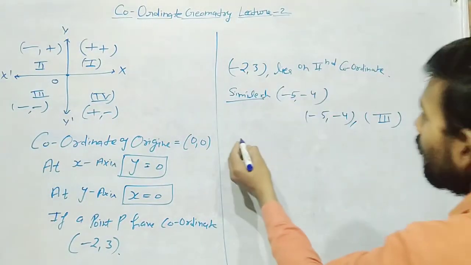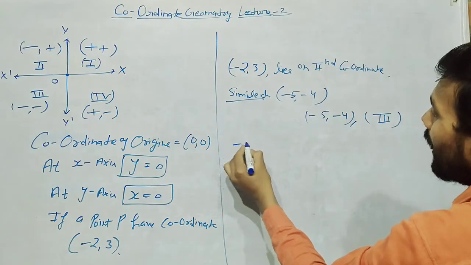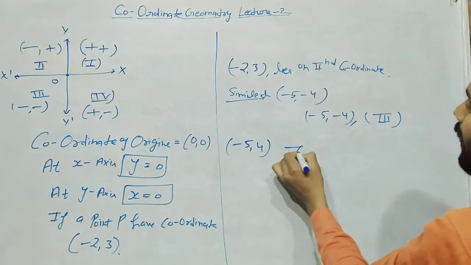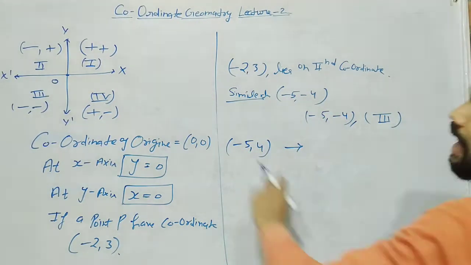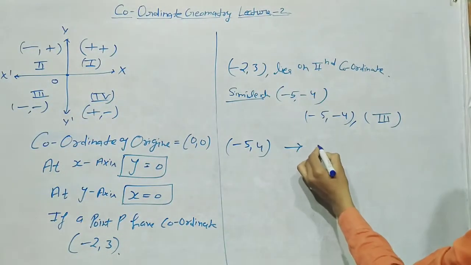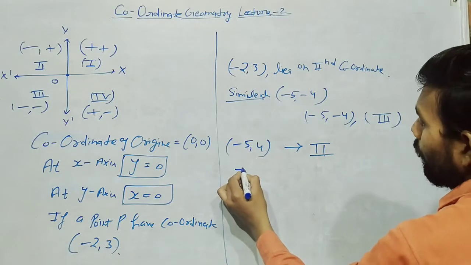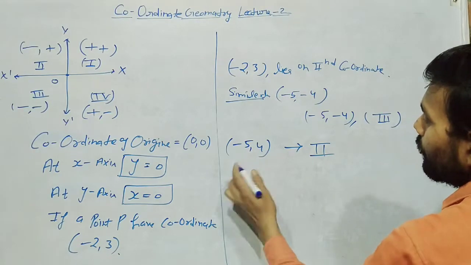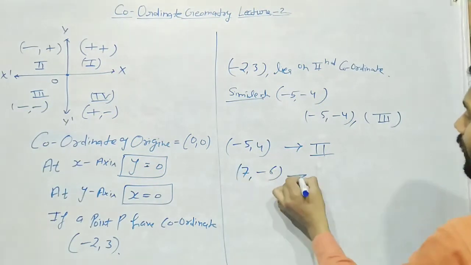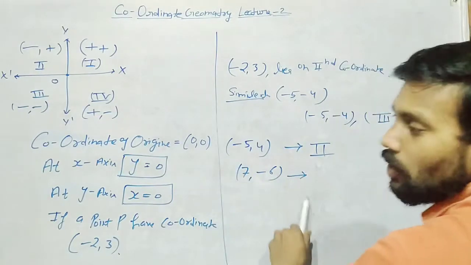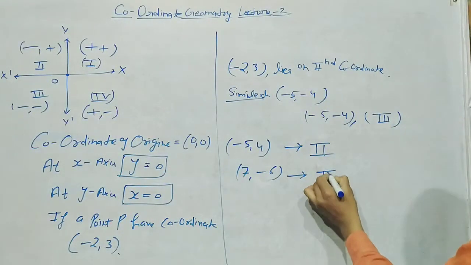Next, we can identify -5, 4 in which quadrant? -5, 4 means x negative and y positive, so it lies in the second quadrant. 7, -6: x positive and y negative, so this is in the fourth quadrant.